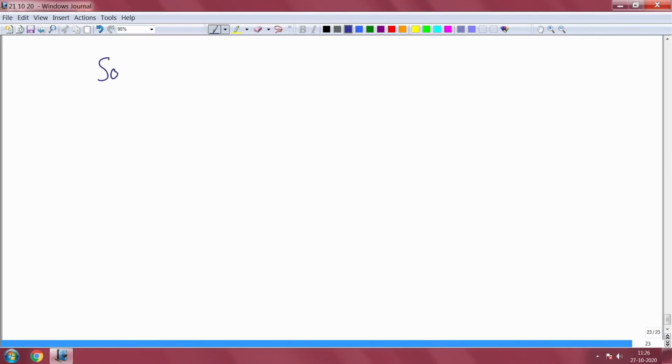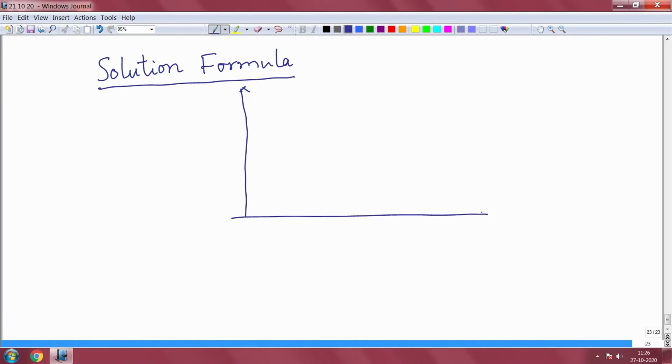So, solution formula. And let us see how the boundary condition influences the formula. Okay. So, again it is very easy to explain using diagrams.